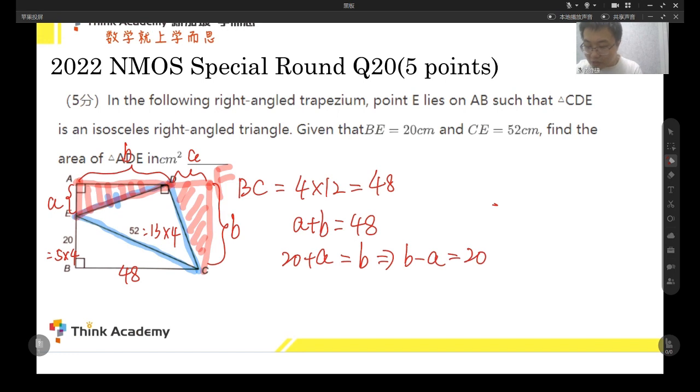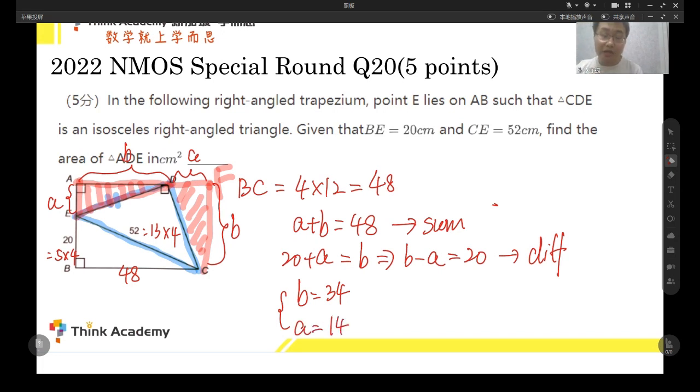Then we know the sum of A and B and the difference of A and B. We can simply solve for A and B, right? By adding the sum and difference together, then dividing by 2, B will equal 34 and A should be 14.